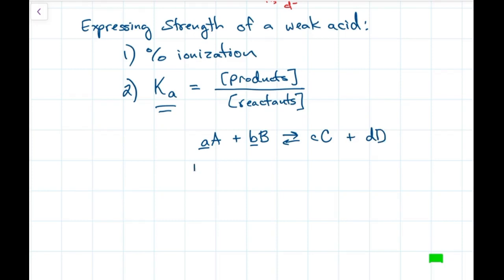So the general expression for the Ka for this is going to be the concentration of C raised to the power of its coefficient times the concentration of D raised to the power of its coefficient, and then we do the same thing with the reactants. So A times B, and again, they're all raised to the power of their coefficients. Now, the simple thing with Ka, with acids, is its coefficients are all going to be 1 because our ionization equations all result in coefficients of 1.